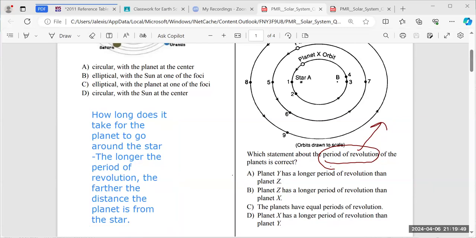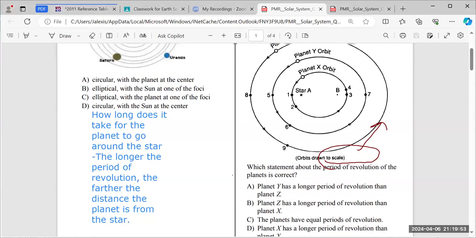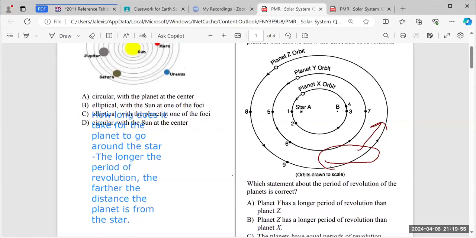Planet Y has a longer period of revolution than planet Z. That is incorrect, because planet Y is not farther from the star than planet Z.